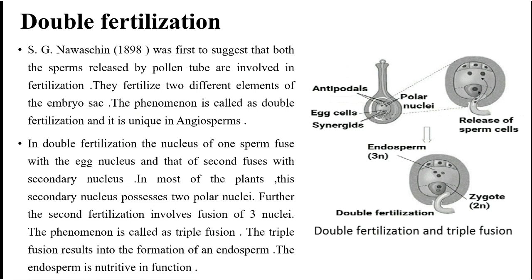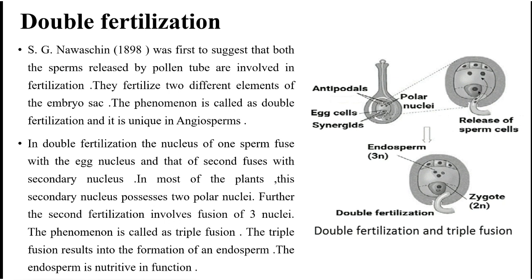Next, after pollination, double fertilization will occur. After pollination, double fertilization leads to the formation of zygote, then ultimately seeds are formed, and then endosperm is formed. So what is double fertilization? When a pollen grain reaches the stigma of the female reproductive part, two male nuclei enter inside the female reproductive part.